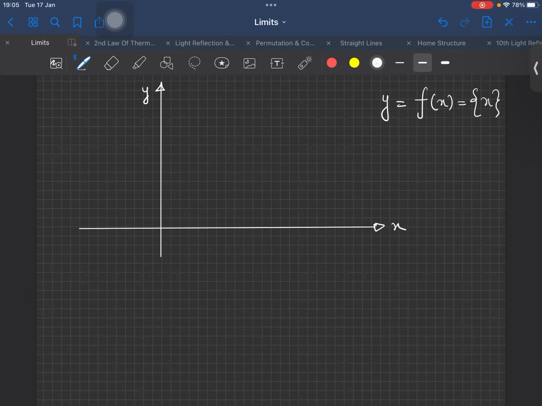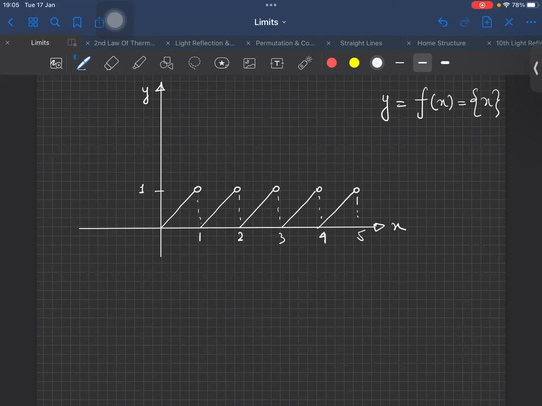This is how we represent the fractional part. That means only the fractional part exists. This point is 1, this is 1, this is 2, this is 3, 4, 5.